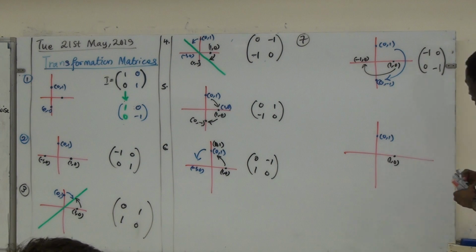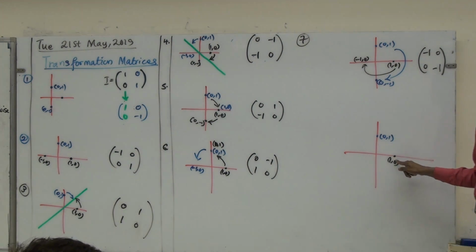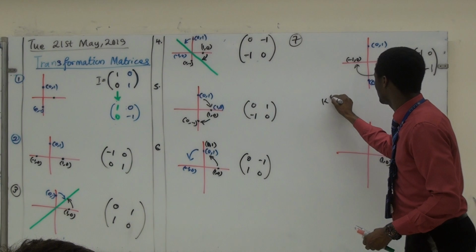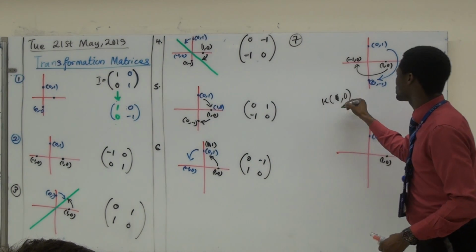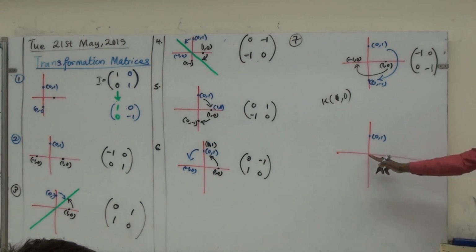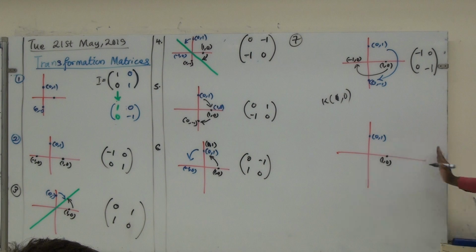And for the enlargement, if you enlarge this point by a scale factor of k, it's like a column vector, k times 1, 0. What's that? K, 0. So it moves forward. You're enlarging this by a scale factor of k, so you're just moving it forward. Does it make sense now?